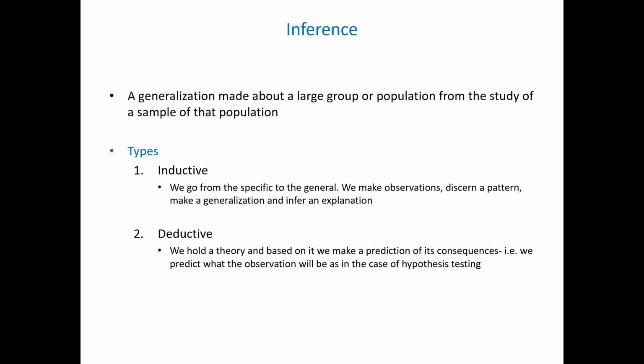Even some people quoting from outside Nigeria say the work done among market women in Nigeria found that 20% of them are obese. That's generalization. It's an inference. The generalization you make about a population or a group by studying just a sample.